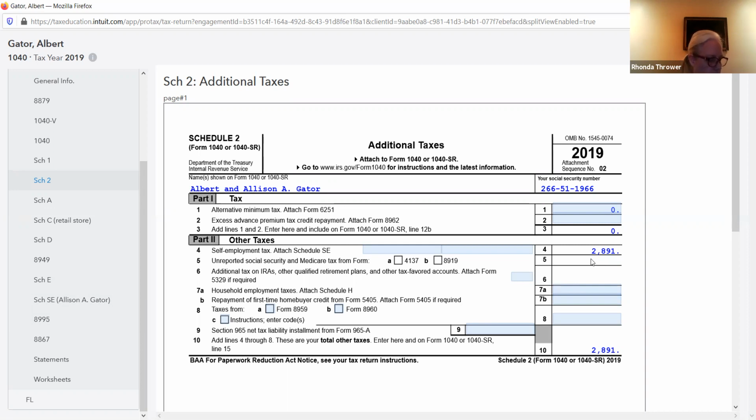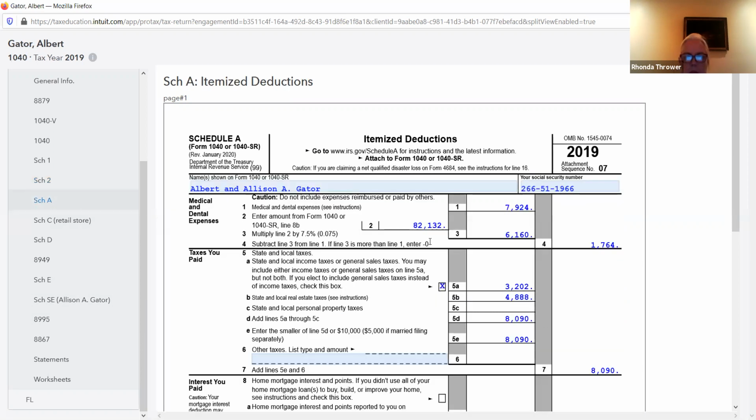So you had to do a Schedule 2, and you had to do itemized deductions, which was Schedule A. The amount would have changed because nothing really changed as far as the itemized deductions, but the amount on the 1040 changed because you had those other changes in income from Schedule C, and other items that affected the 1040.